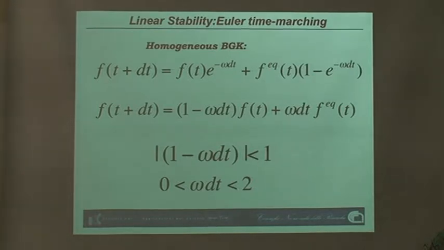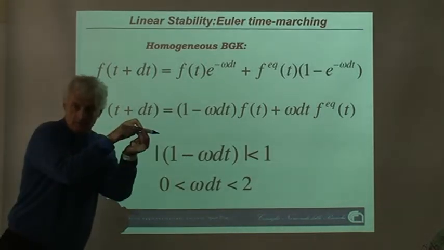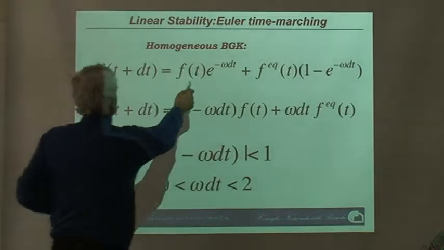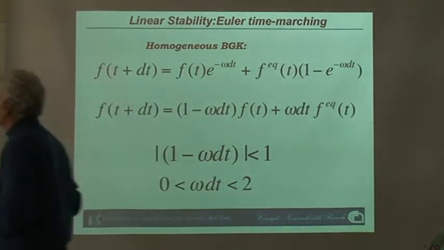This means x plus c delta t, t plus delta t, shifted. Of course, this is the integration along the trajectory. It's not a simple time derivative. So t plus delta t means that I'm moving in space and time. So it's the integration along the trajectory. But the structure of the time integration is the same.